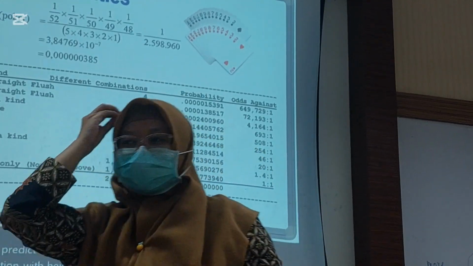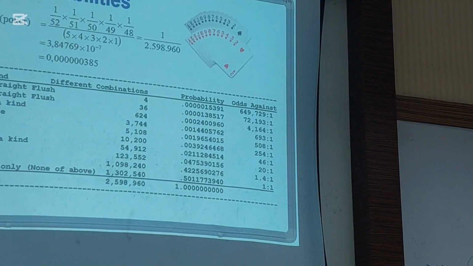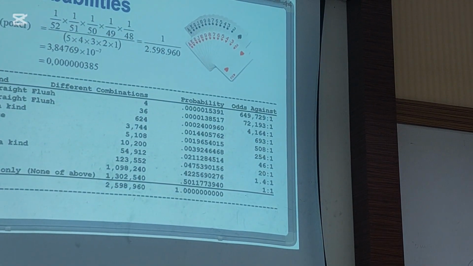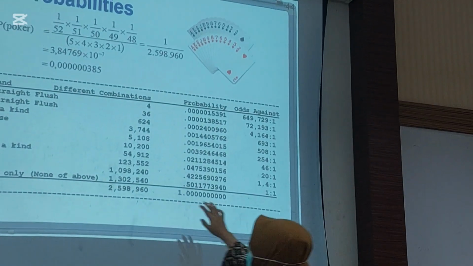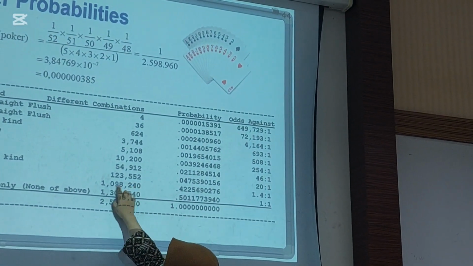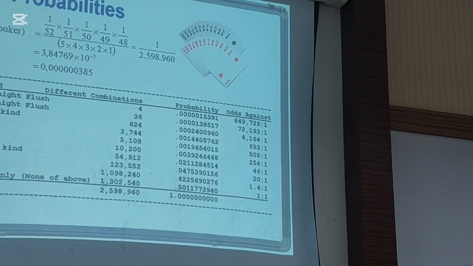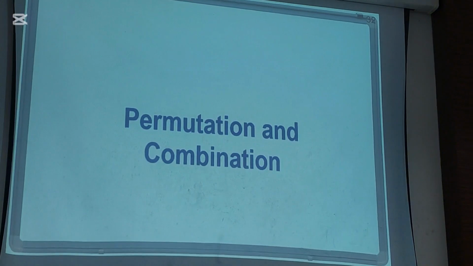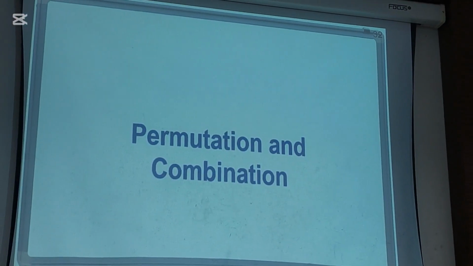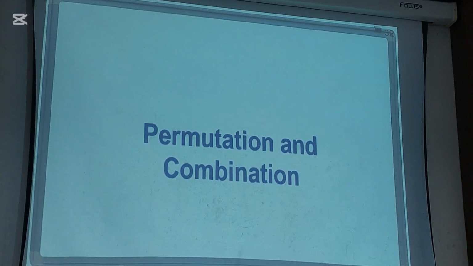If we have good calculation in our brain, maybe we can calculate it. This is the zero combination. Okay, what is the difference between multiplication, permutation and combination? Do you still remember?